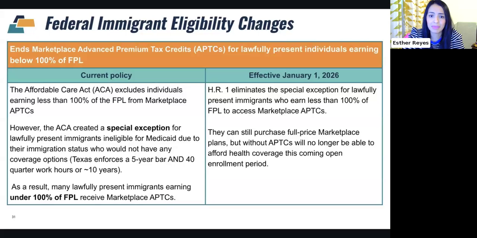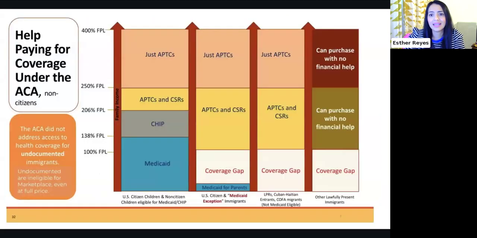Starting this enrollment period, any lawfully present immigrant below 100% of the federal poverty level will no longer be able to get financial help to purchase marketplace plans. So this new law essentially closes a door for low-income and lawfully present immigrants to access healthcare coverage, effectively creating a new coverage gap.